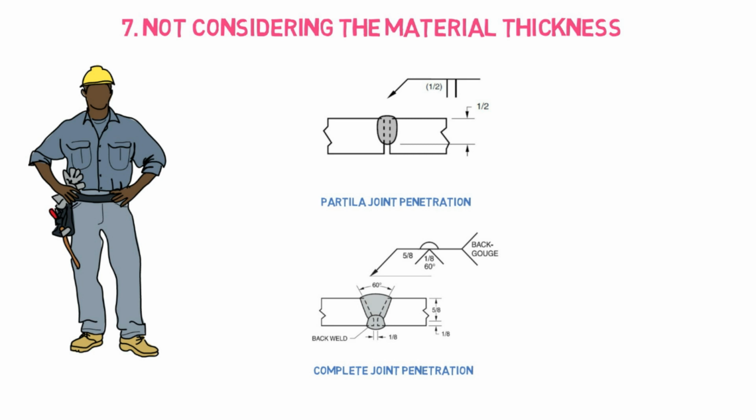But if there is a desired requirement for the complete joint penetration, a complete butt joint, and if the metal thickness is ignored, it may cause partial joint penetration in some cases. So it's very important to understand the base metal thickness while designing the weld joint. Mention the weld size in the welding symbol along with the metal thickness in the weld symbol.